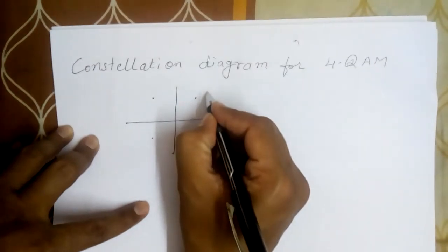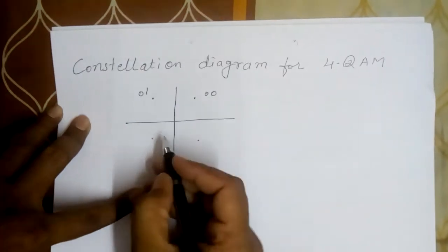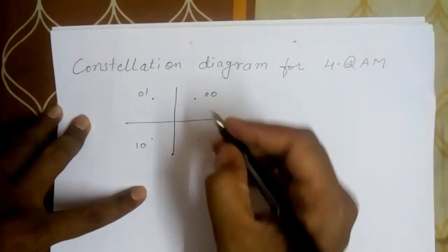So this is for bit 00, this is for 01, this is for 10, and this is for 11.